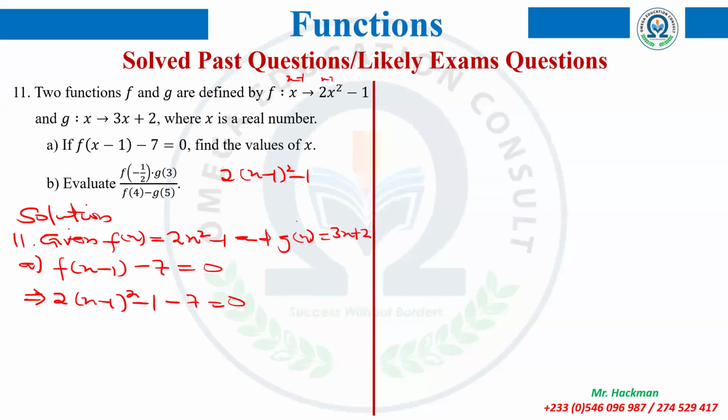You get it now? What you have here is what is taking the place of this. But it's not only f of x minus 1 that is equal to 0. It is f of x minus 1, then you subtract 7 from it, so minus 7, that is equal to 0. You get it?